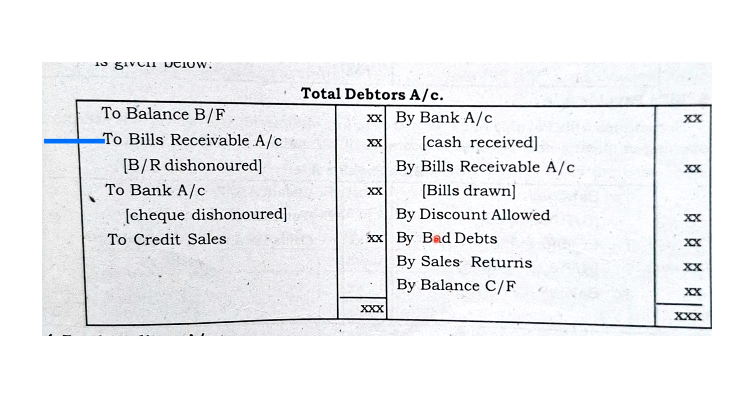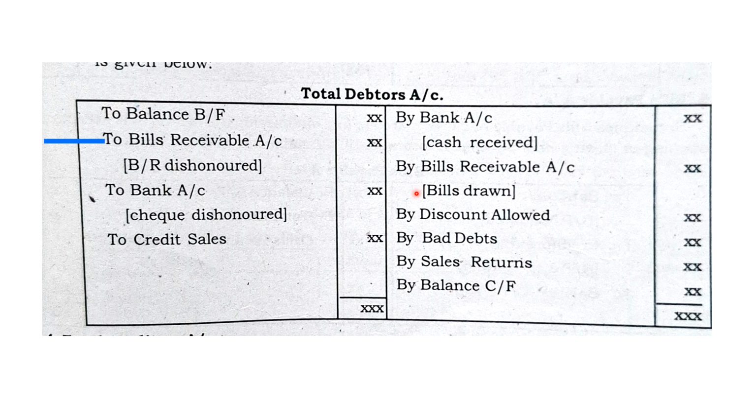Then you have information on bad debts, which will be recorded on the credit side as 'By bad debts'. Similarly, sales return will be written on the credit side as 'By sales return'. Then you may have closing debtors. That will be recorded as 'By balance carried forward' or carried down. That will be recorded here.